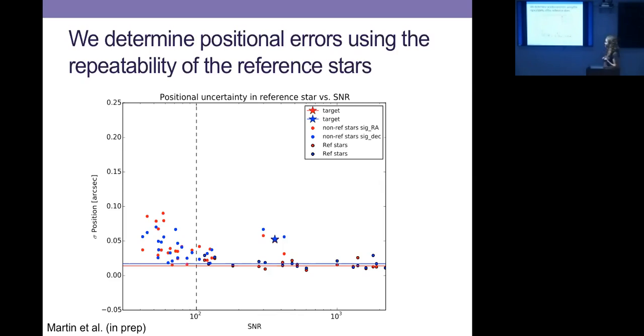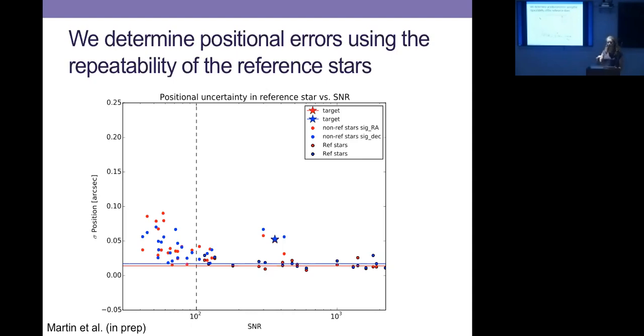And so what we did is I did a comparison of basically the repeatability of the reference stars in the field. And so what you can see here is this is the uncertainty in the position that we measure across all of the epochs as a function of signal to noise. And you can see that once we get up to really high signal to noise targets, our positional uncertainties kind of plateau here.